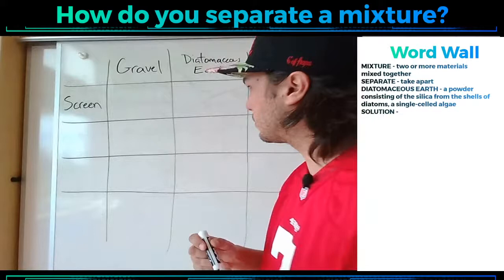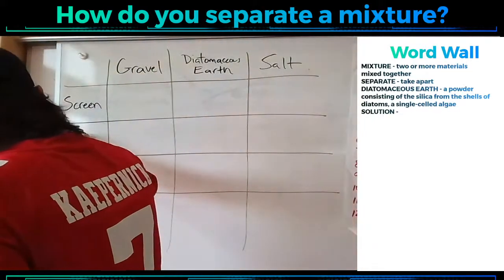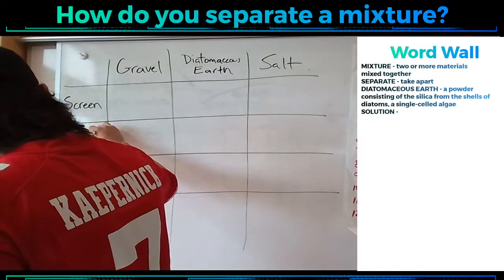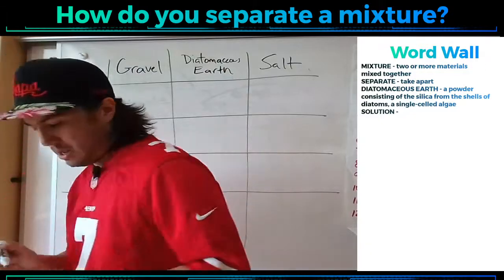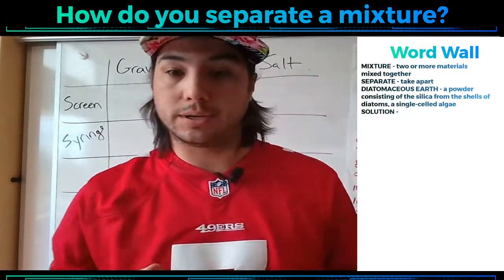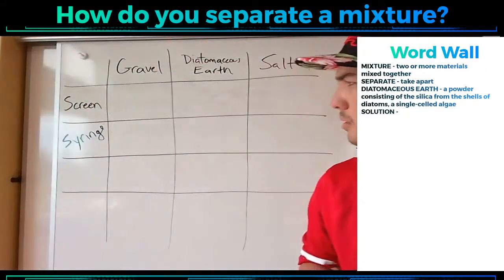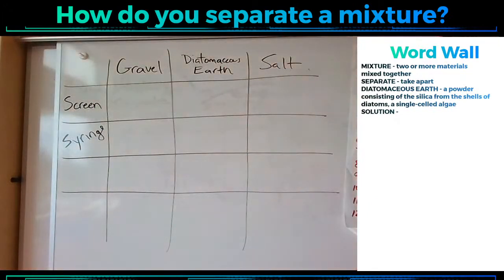We're going to find out. So we're going to try it with a syringe. Okay. And the last 2 we'll get to in a second. So we'll start there. So go ahead and copy that down in your science notebook. And then we're going to head on over to our testing table and start testing.